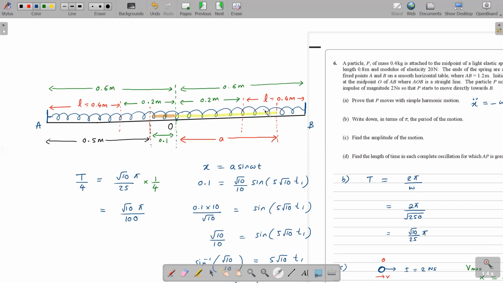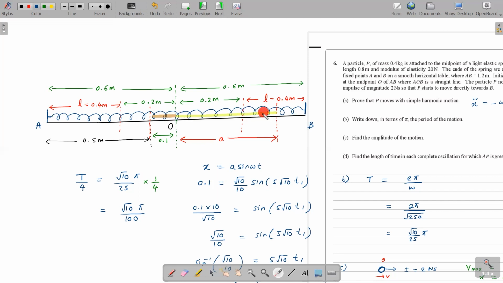Then you have completed one full oscillation. So you add the quarter of your periodic time plus the T1 value, and multiply by 2.